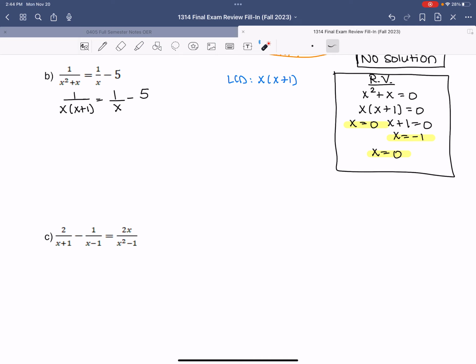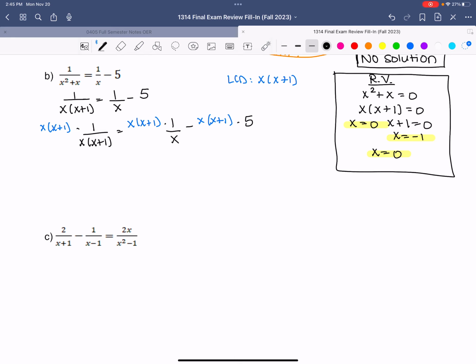That would be the smallest denominator we could get. So what I'm going to do is multiply everything by the least common denominator. So 1 over x times x plus 1 equals, and then same thing on this side, x times x plus 1. And if you keep it in the factored form, then it makes it easier to cancel things. So that's why I always put these in the factored forms, because then I can cancel stuff nicely.